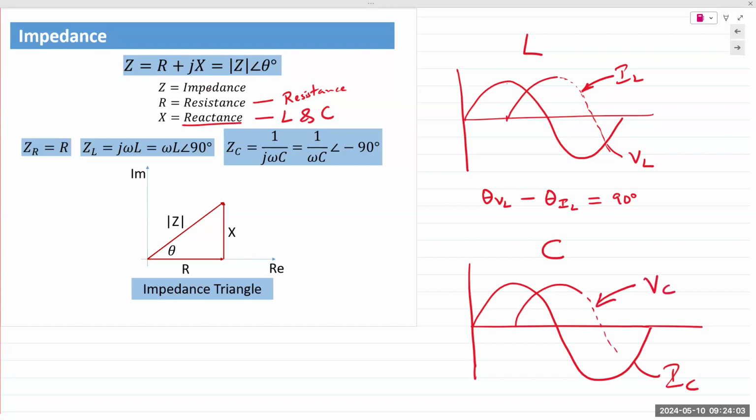So in this case, again, remember, the right side is positive numbers, it's in the future. So if it's on the right, it's behind. If it's on the left, it's in front. So here, I would say IL lags and VL leads. And here, VC lags and IC leads.